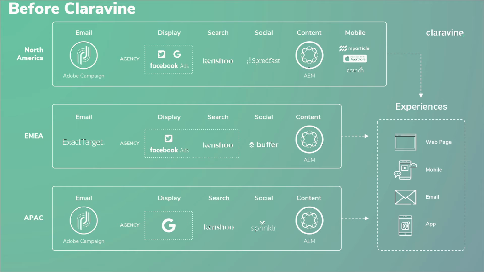And then also a number of solutions and tools used to understand their mobile app install ecosystem. And moving to other regions, you see here a different team could be using ExactTarget. They have a different agency in EMEA sitting over top of display and search. And then the APAC region is only running paid media on Google.